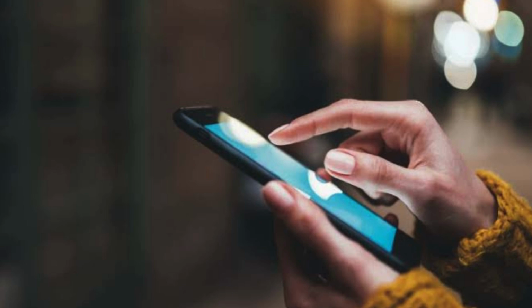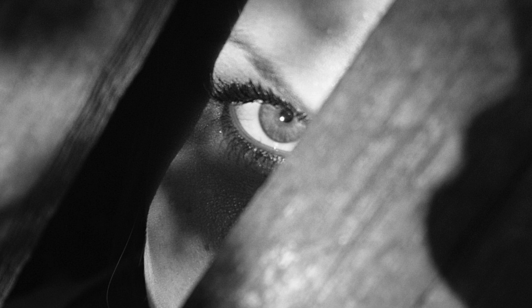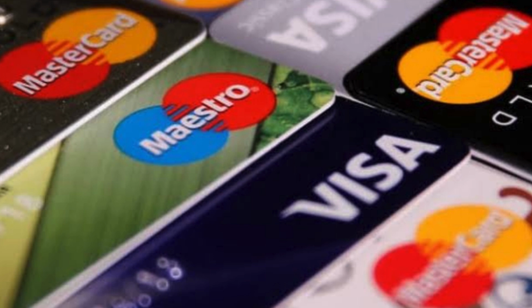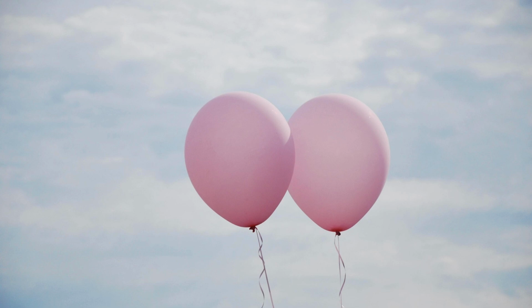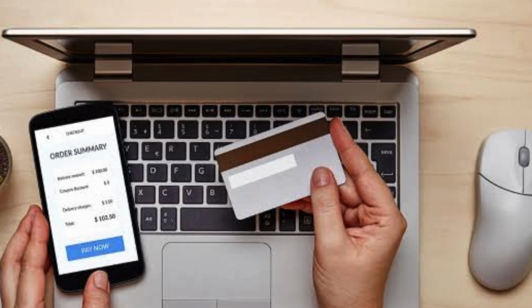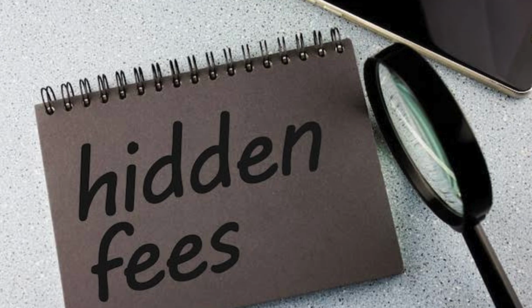Sometimes, what looks like a simple transaction is actually a game of hide and seek, with fees you didn't agree to pay. Some virtual card providers build their business around escrow charges that make your cost balloon without warning. That quickly turns what starts as a convenient payment method into a money pit if you aren't vigilant.